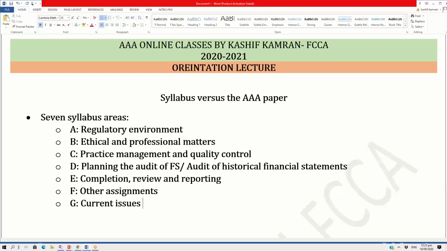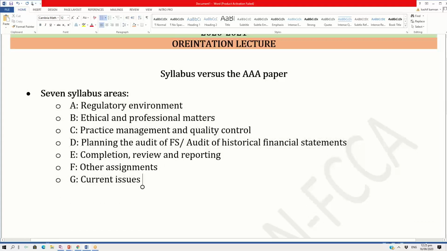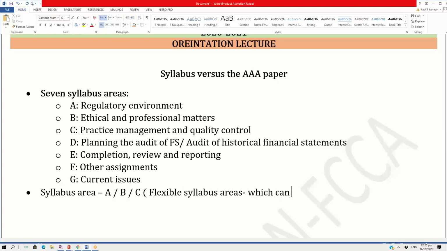And we just got the relevance of how they connect with your paper. Now, in terms of connection, we are very sure that the syllabus area A, B and C is an open syllabus area, or rather a flexible syllabus area, which can be examined in question number 1, 2, or 3.